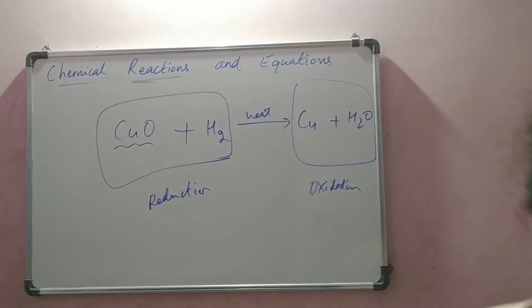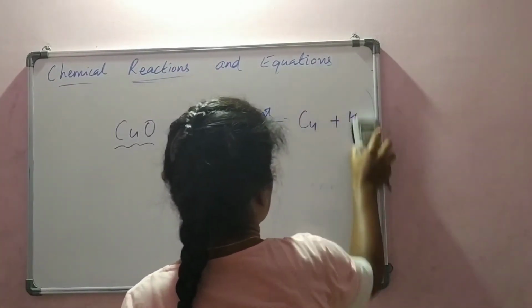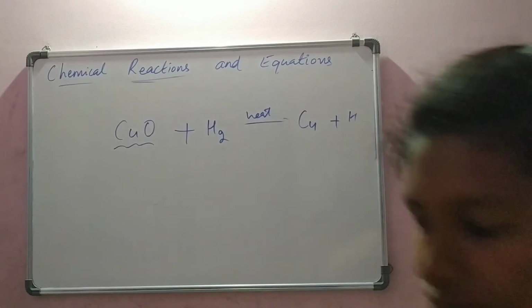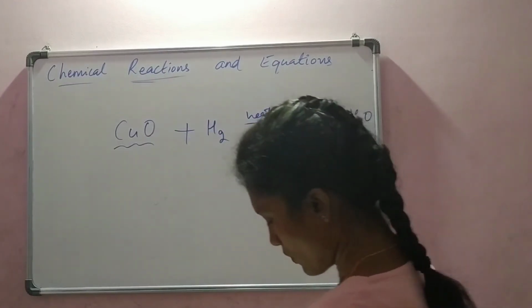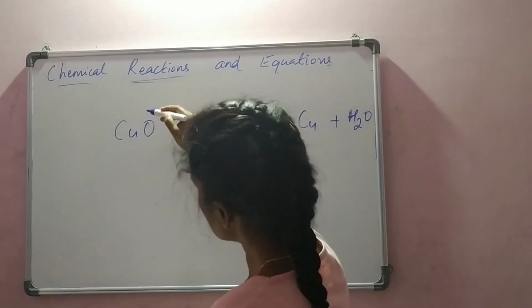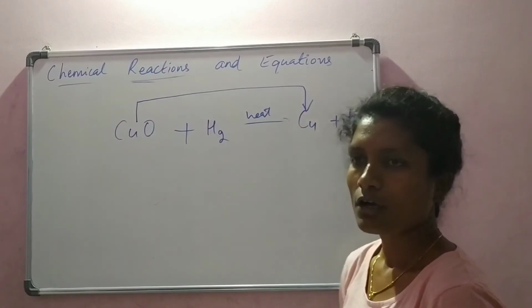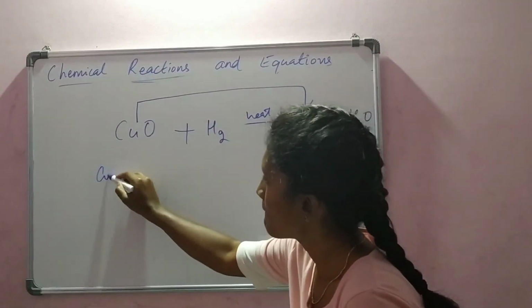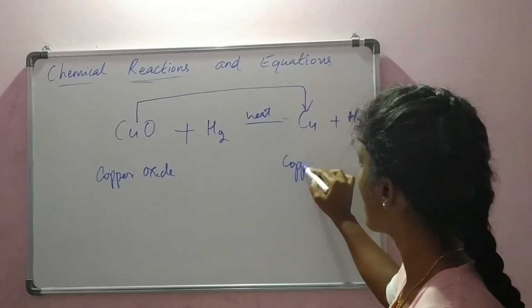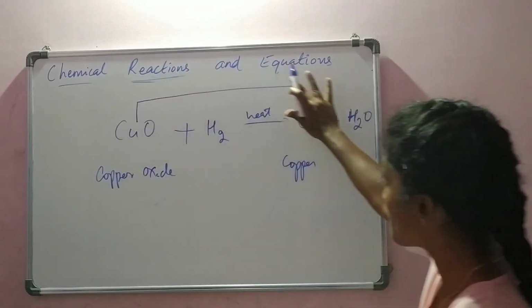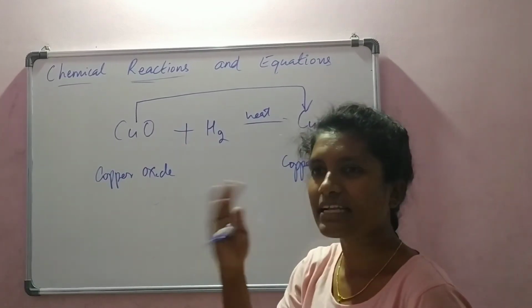You people might get confused, so we'll make a small rearrangement. What happened here? Copper oxide became copper. What is the changeover that is happening from copper oxide to copper? Oxygen is getting removed.